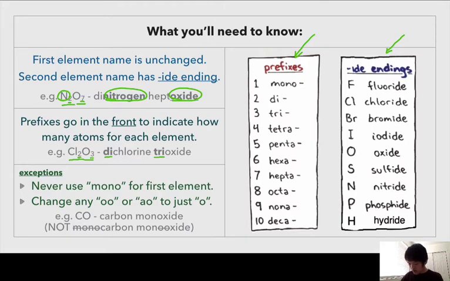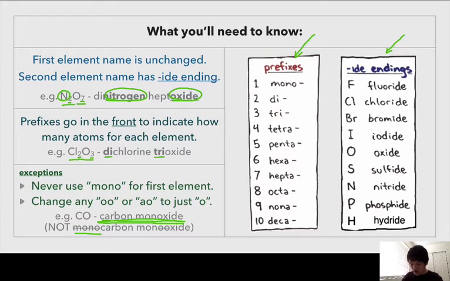So our example here is CO, which you should be familiar with. It's called carbon monoxide. Carbon doesn't have the prefix mono in front. It's just going to be carbon. Even though there's one carbon, you don't use the prefix mono in front.